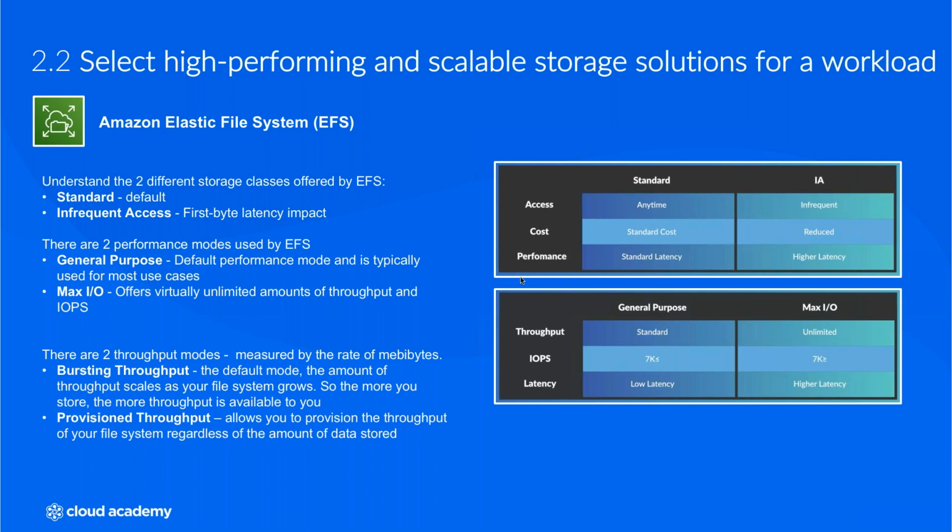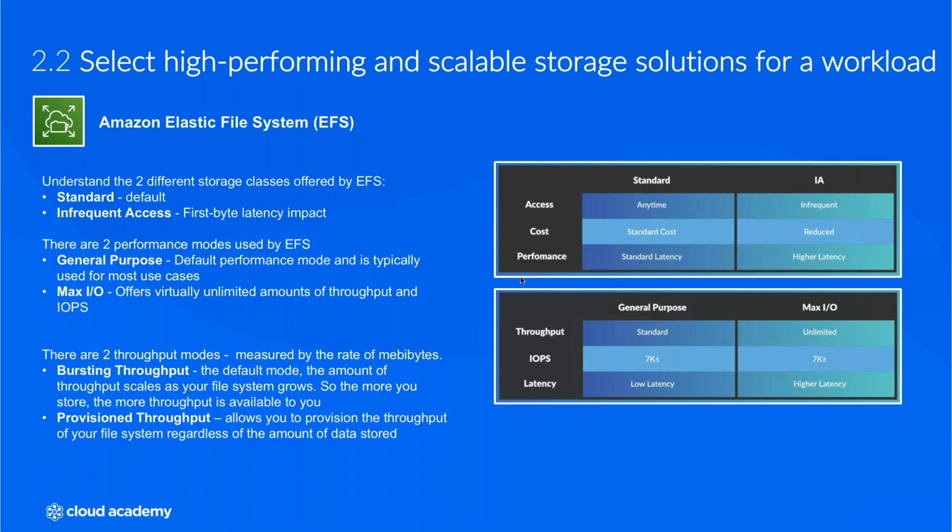Now, looking at the performance of EFS, there are two different storage classes, these being standard and infrequent access. The standard storage class is the default storage used when using EFS, and you may have seen that if you've used it before. Infrequent access is generally used if you're storing data on EFS that is rarely accessed. It's much like the storage classes on S3.